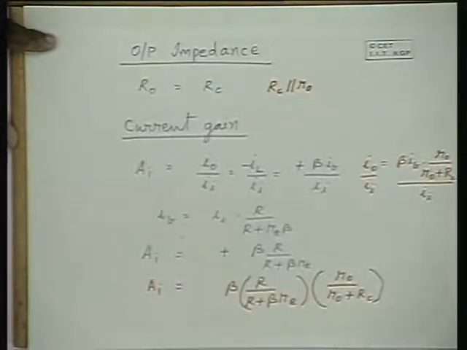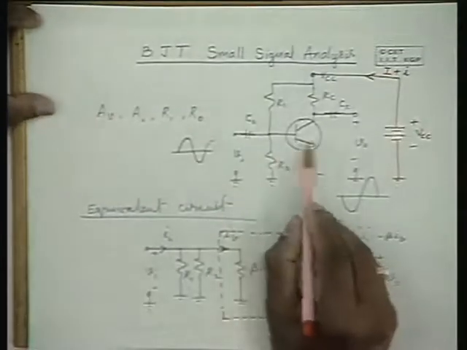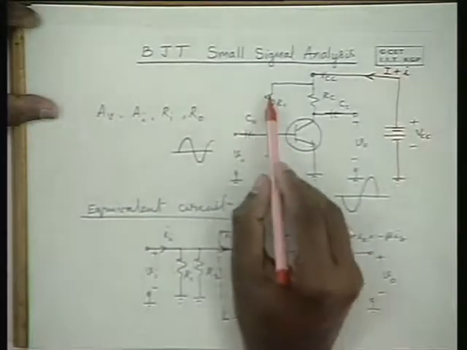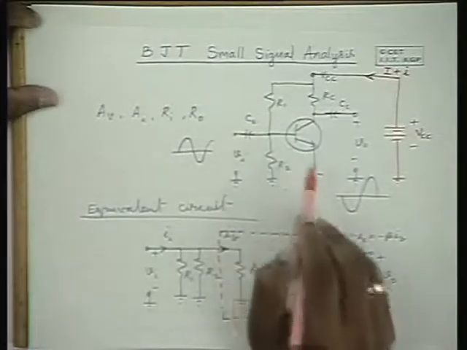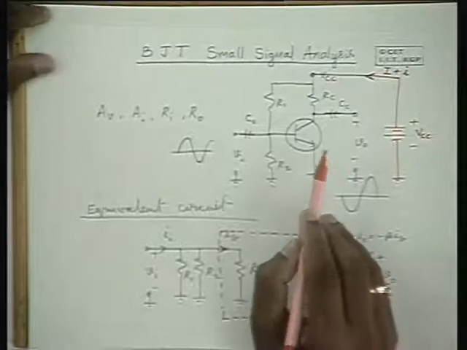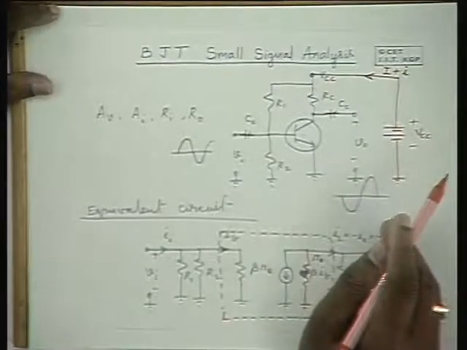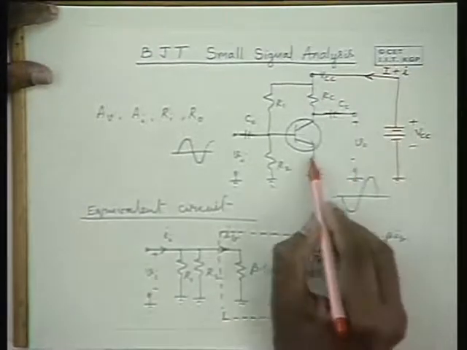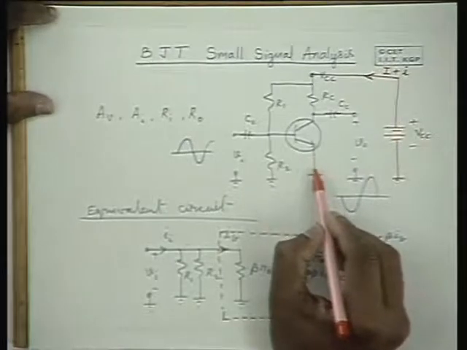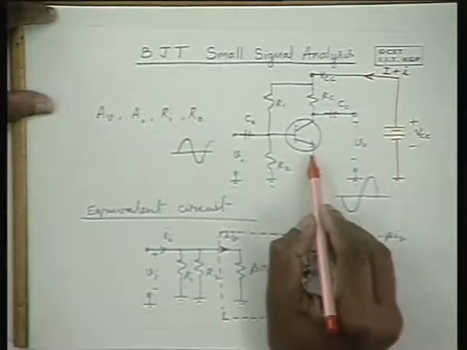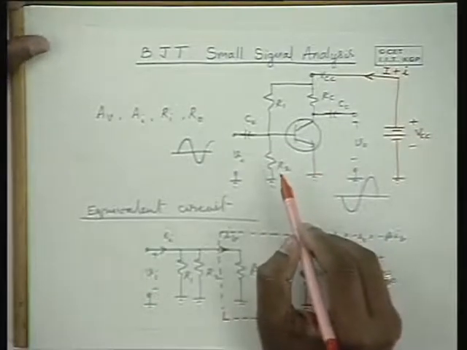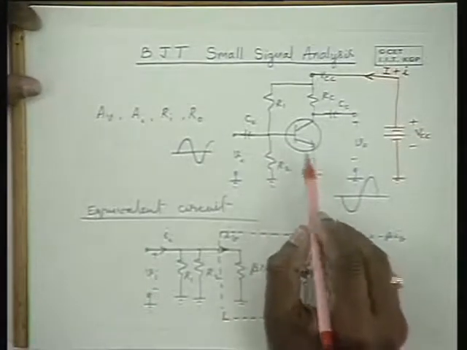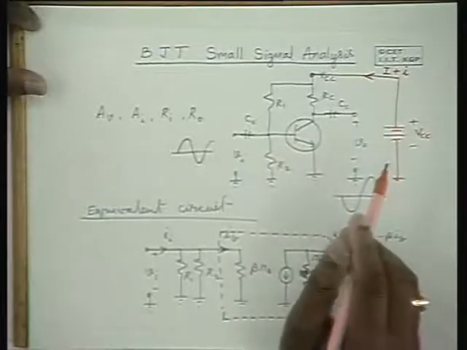This analysis is for this kind of circuit, which is a fixed bias circuit with voltage divider bias on the input side. We have another important circuit, that is the self bias circuit, where we have an emitter resistance over here, and the emitter resistance provides a very good advantage as far as stability of the biasing is concerned.